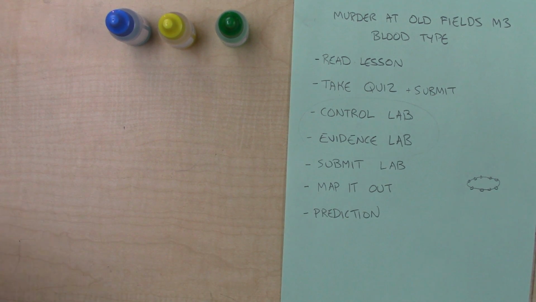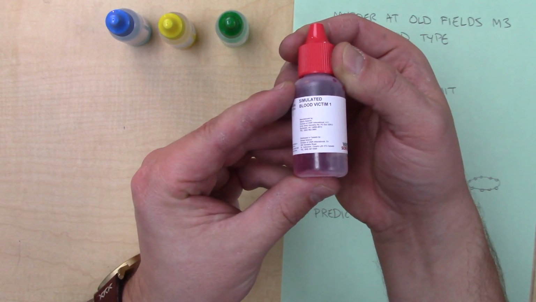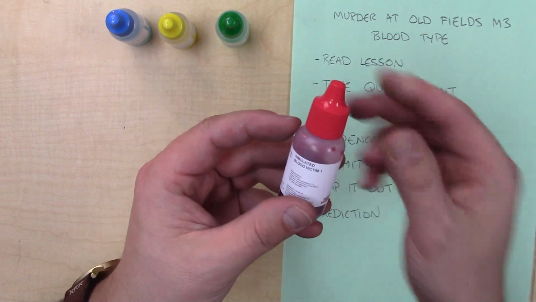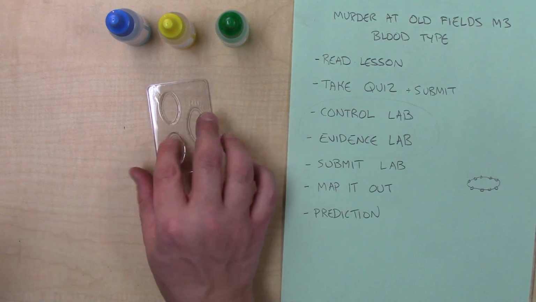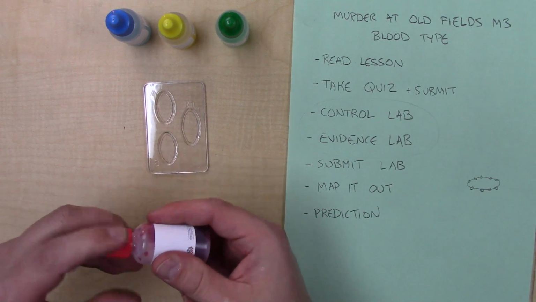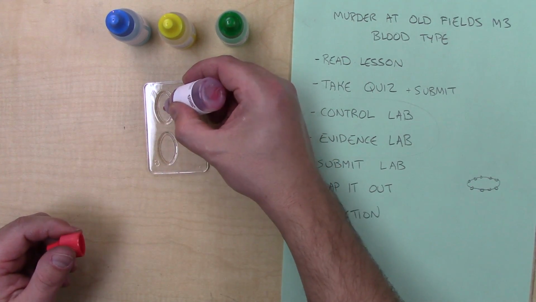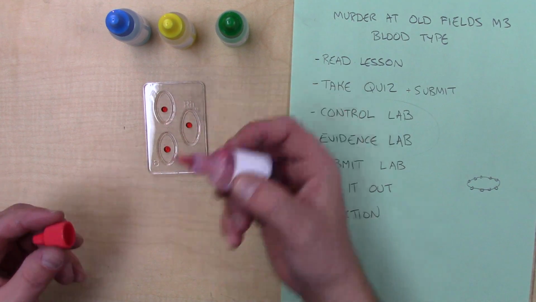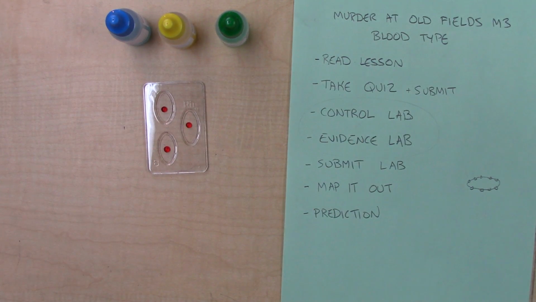Let's take another one here. Let's look at victim 1. It says here, victim 1, Mr. Smith. So we'll take a new tray. I'll put 3 drops in: the A blood, the B, and the positive test. Just a drop each.